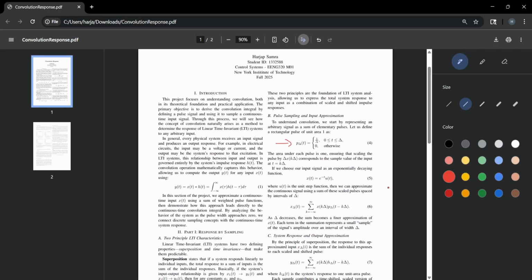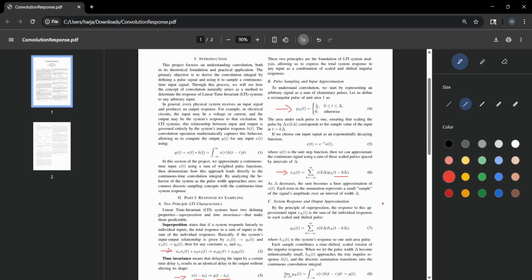If we translate this into a sum for all of our small pieces of x of t, we can then express this signal as this. Since each pulse has an area of 1, each sampled piece will have the value of x of t at t equals k delta, as you can see right here.